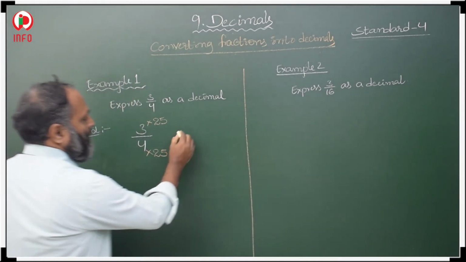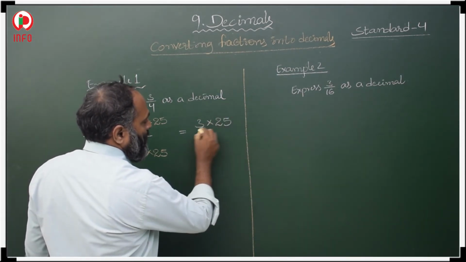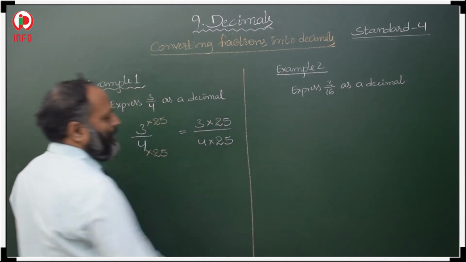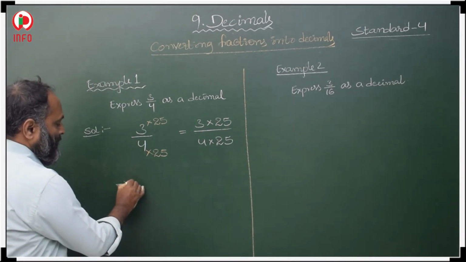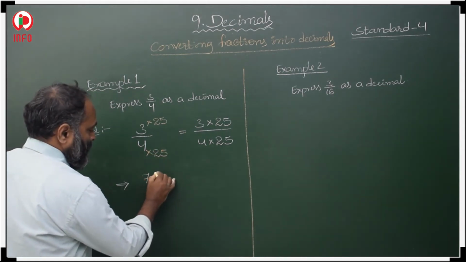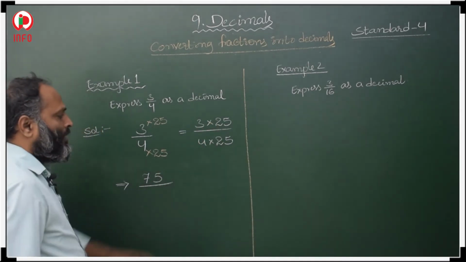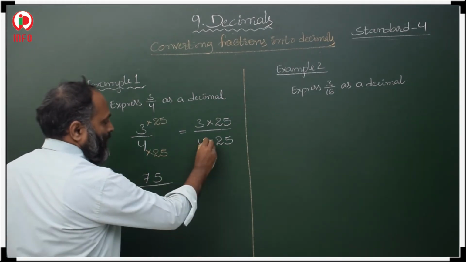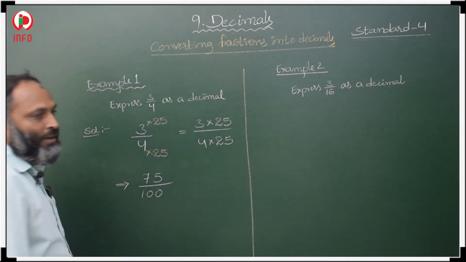Here now, 3 into 25 by 4 into 25. Numerator and denominator we have to multiply with 25. If we multiply 25 with 3, the product is 75. 3 25s are 75, by 4 25s are 100.